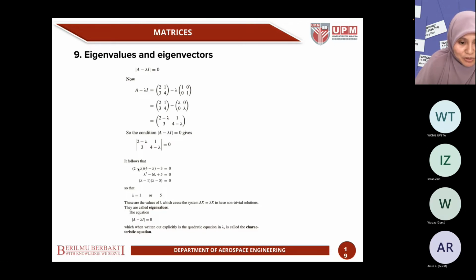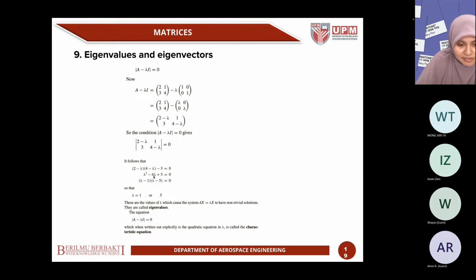If you calculate the determinant just now, 2 minus lambda multiply with 4 minus lambda, minus 3 times 1, you get what we call the characteristic equation: lambda squared minus 6 lambda plus 5 equals 0.